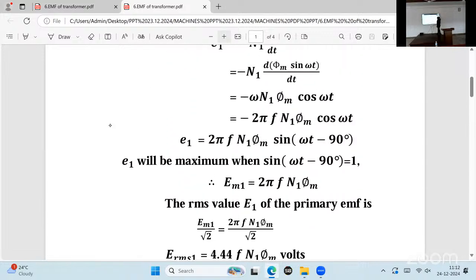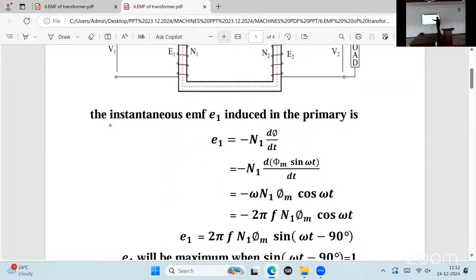Next, what is the formula we require? Faraday's second law: E is equal to minus N1 into d phi by dt. First law, what is the first law? Whenever a conductor links with the flux, EMF is induced in the conductor.